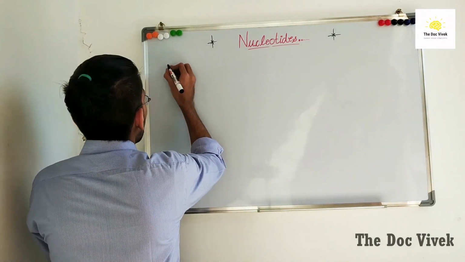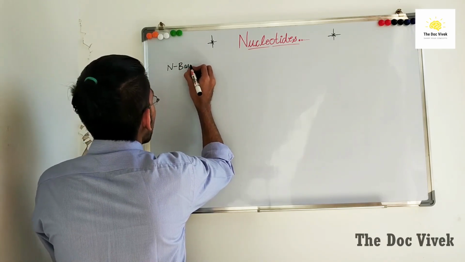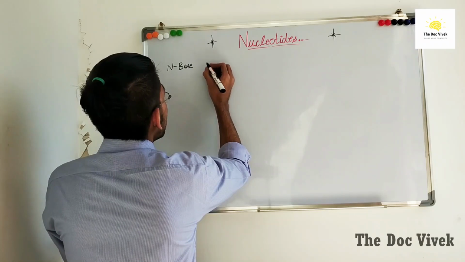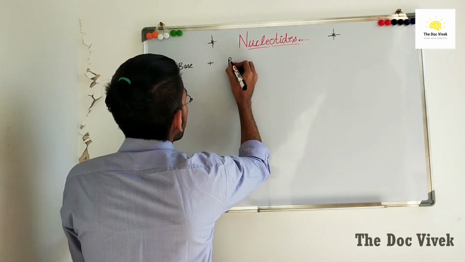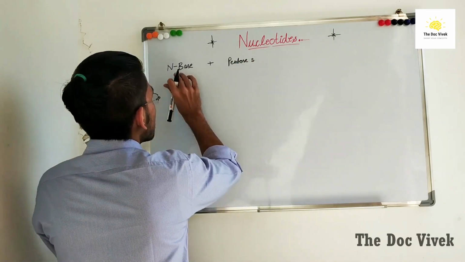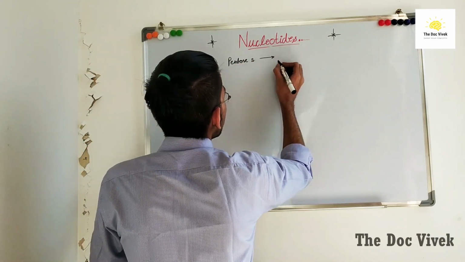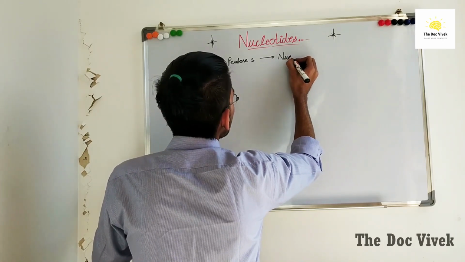So firstly, as we know, we have a nitrogenous base, and if we add a pentose sugar on the nitrogenous base, then it results in the formation of a nucleoside.